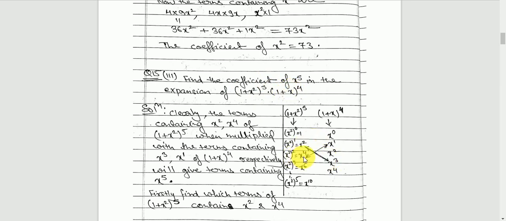And x to the power 4 from this expression, when multiplied to x to the power 1 from this, I can get x to the power 5. So what I have to do is find which term will be x squared here and x to the power 4. And here I have to find which two terms will be x to the power 1 and x to the power 3.